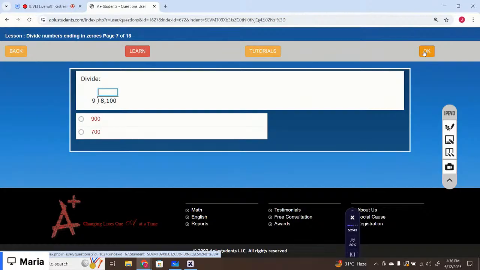Next, divide by 9. So which is the correct option? Option number one is the correct option. Very good.